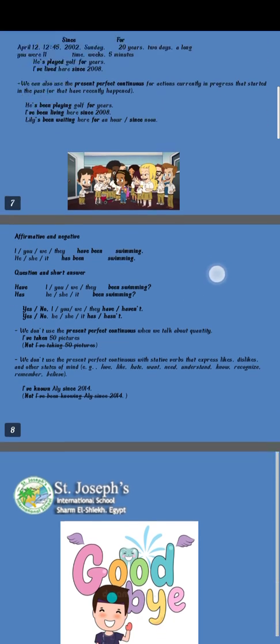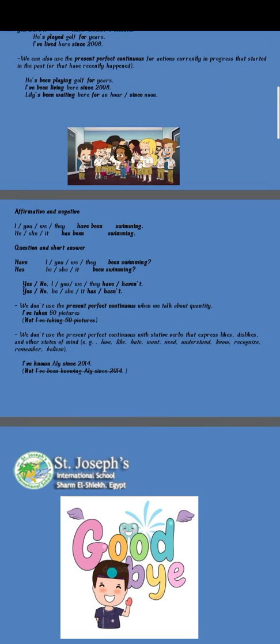Let's see the different form for the present perfect continuous. Of course, we know that we use have with I, you, we, they, followed by been, and after that we use verb plus ing. He, she, it, we use has plus been plus verb plus ing.